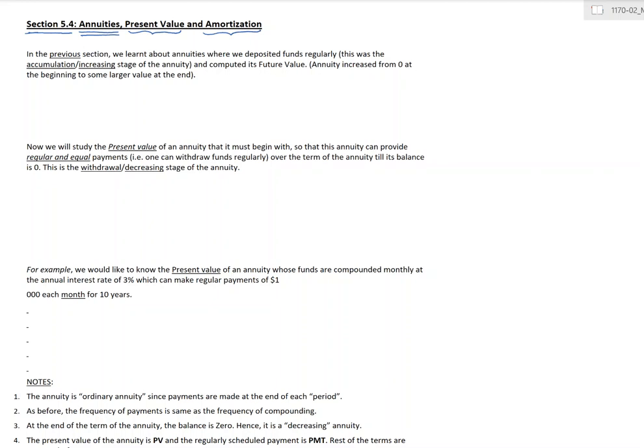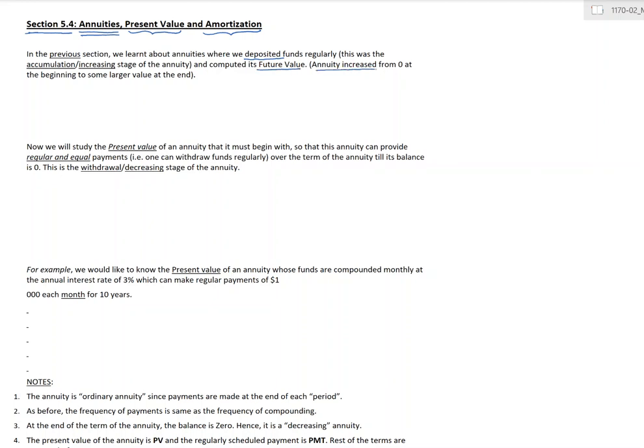So in the previous section, we learned about annuities where we deposited funds regularly, and this was the accumulation or the increasing stage of the annuity. So the balance in the annuity was increasing and we computed its future value.